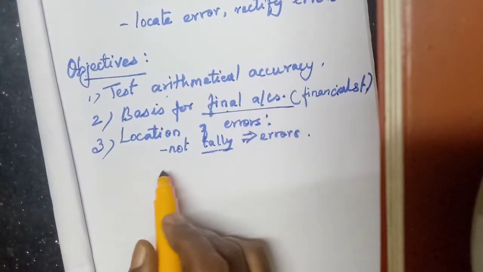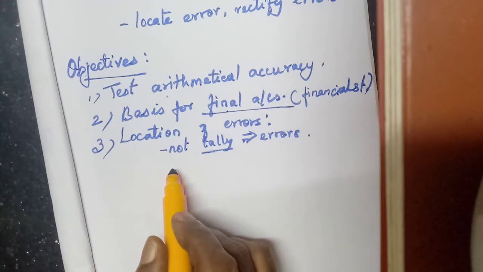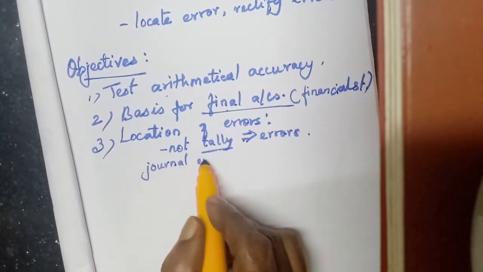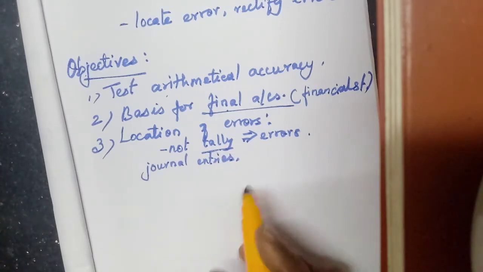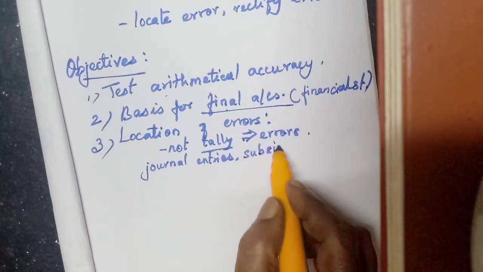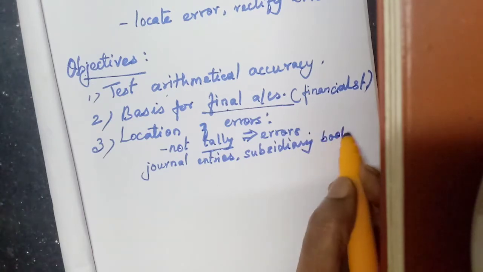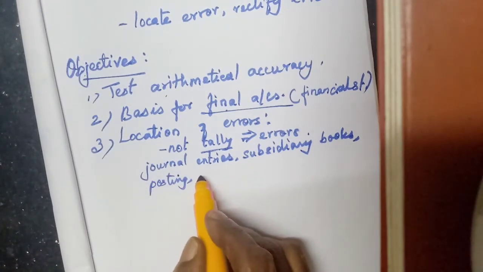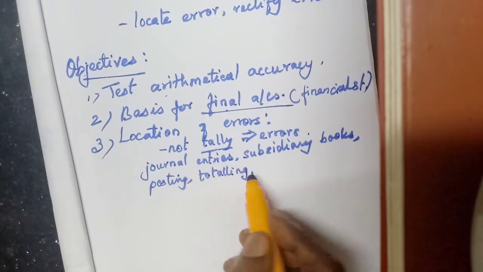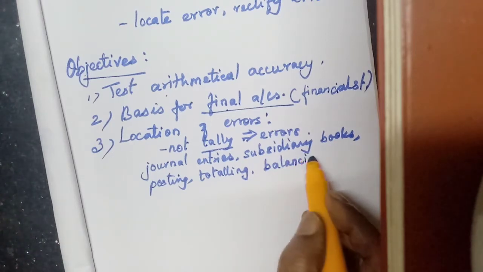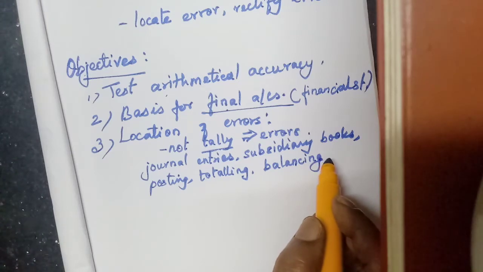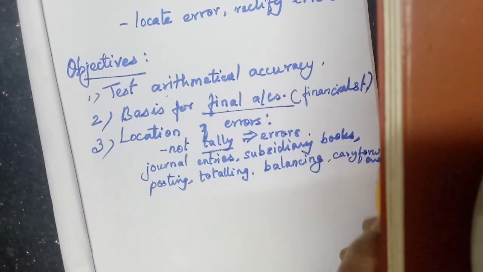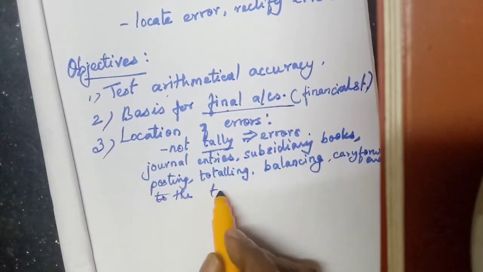Here we know the errors might be made in many areas: at the time of preparation of journal entries when we write the amount, or maybe in the subsidiary books, or at the time of posting in the ledger account, or totaling, or balancing, or when we carry forward the amount of the ledger account to the trial balance.